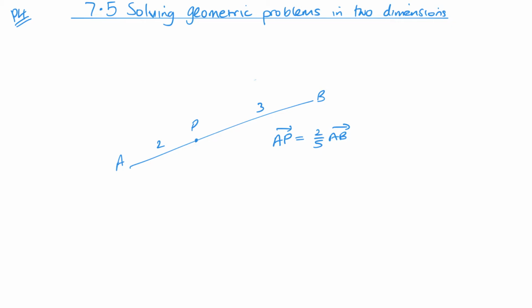So 2/5 of it will be AP and 3/5 PB. So PB would be 3/5 of AB. And this is quite important: if you went the other way around, BP would be minus 3/5 of AB, or 3/5 of BA.